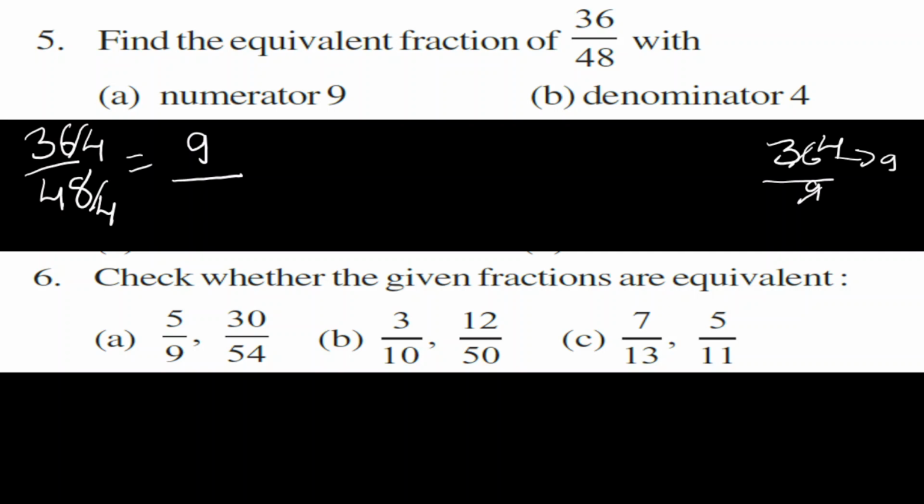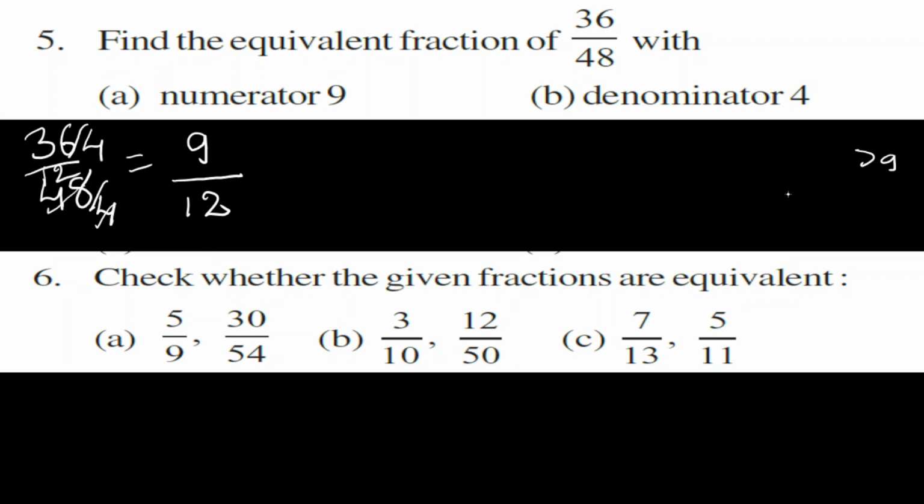To find the equivalent fraction, you need to divide both the numerator and denominator by the same number. So 36 by 4 is nothing but 9. So we need to divide the denominator also by the same number. Now the fraction became 9 by, 4 12s are 48. So the fraction became 9 by 12.